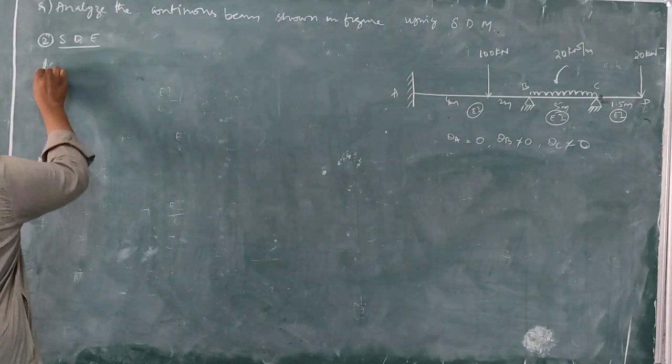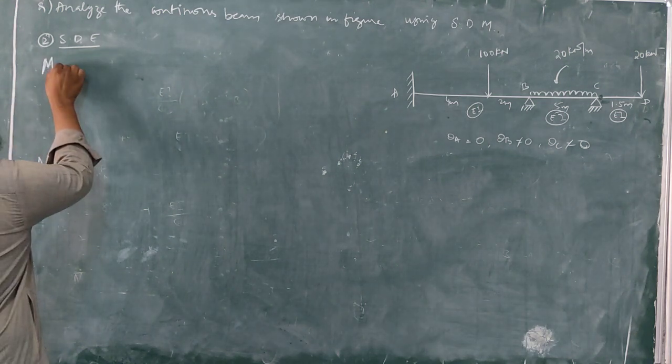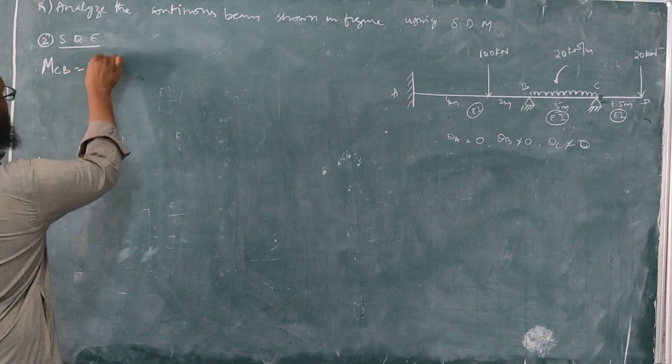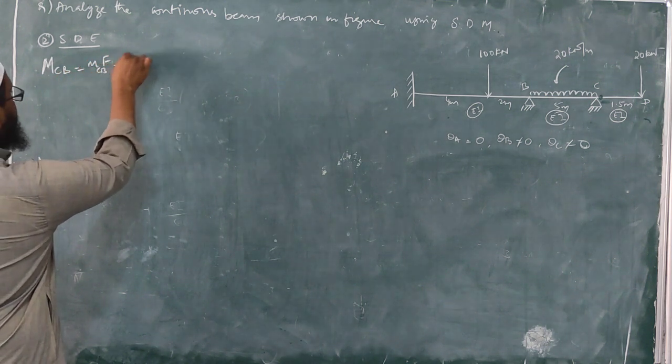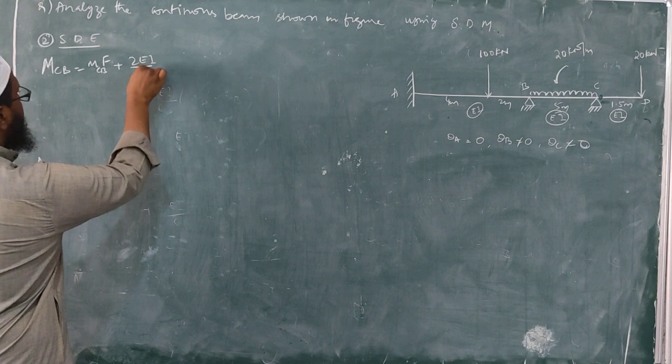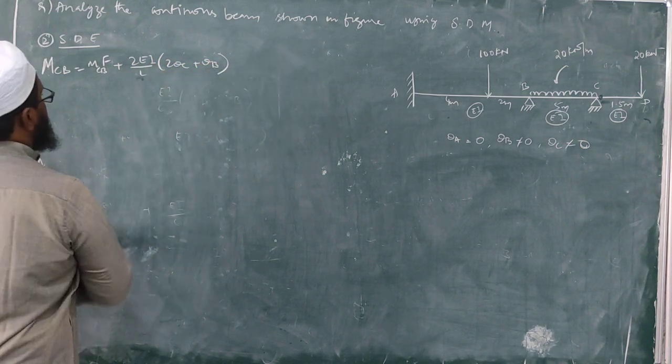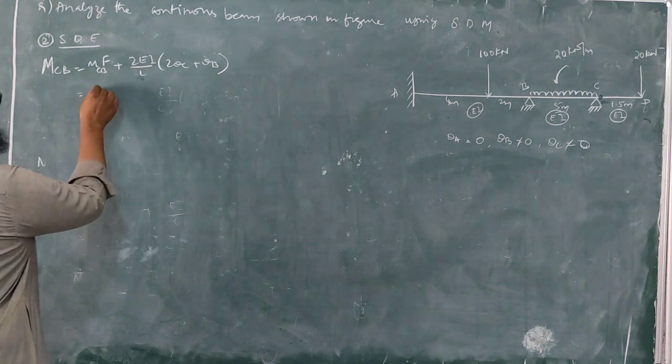So what is the last one? Capital M BC is over, no? CB is equal to MFCB plus 2EI by L into 2 theta C plus theta B. So MFCB is how much?